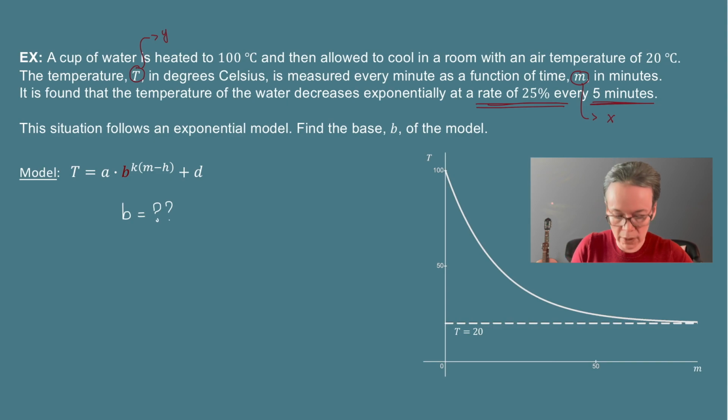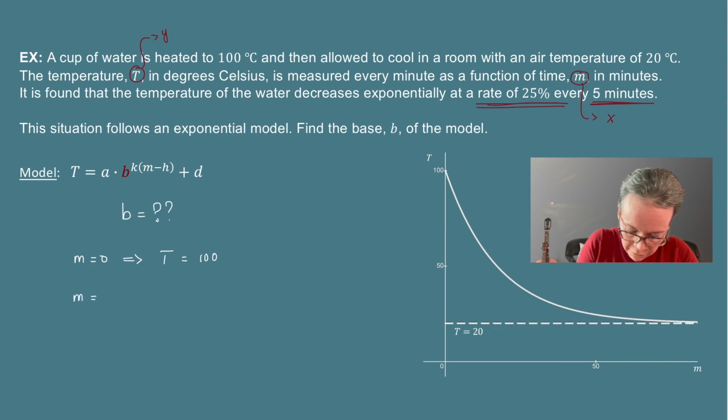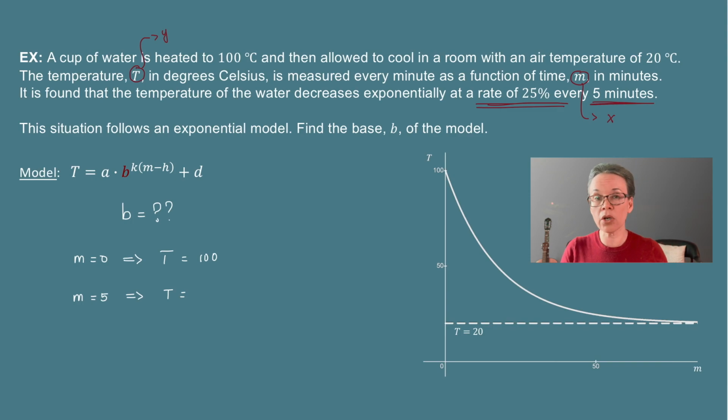So we know that at 0 minutes, the temperature of the water is 100 degrees Celsius. Then we know that 5 minutes later, the temperature will no longer be 100 because the temperature is decreasing by 25%.